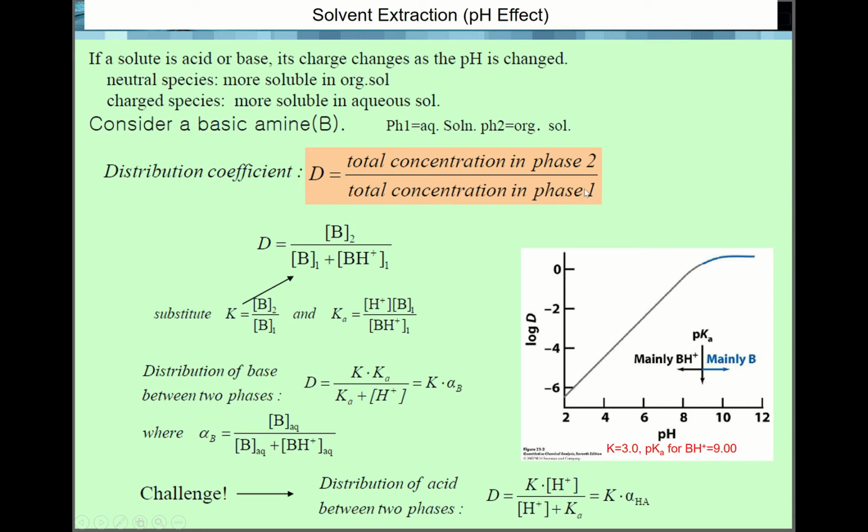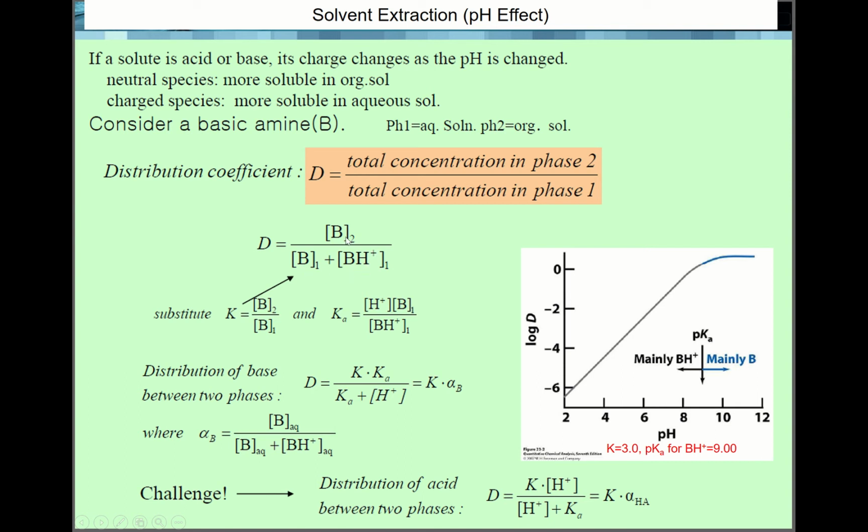Since this base can take a proton, it exists in aqueous solution as B or BH+.